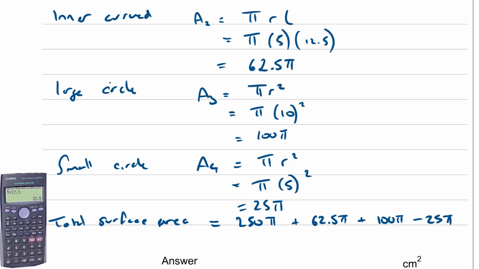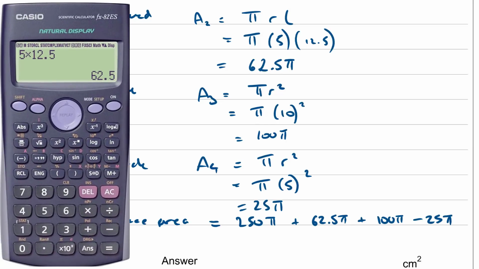So what's that? 250 plus 62.5 plus 100 minus 25. So that's 387.5 lots of pi, which multiplied by pi gives me 1,217 and change, which I'm just going to round off to 1,217.